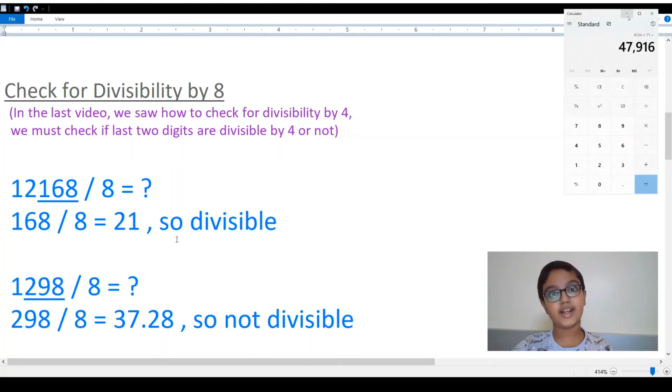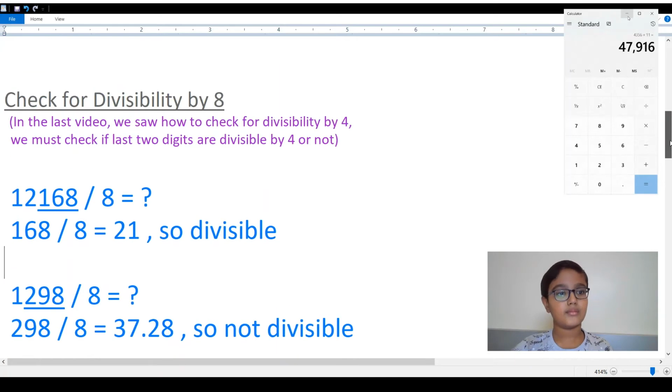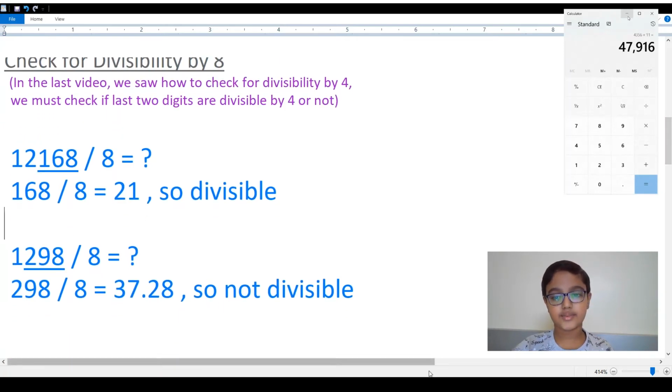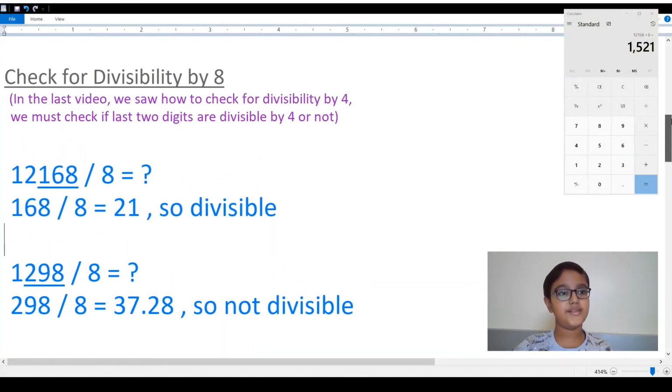Since 168 is divisible by 8, so is 12168. Let's see if that is correct. As you can see, it is easily divisible.